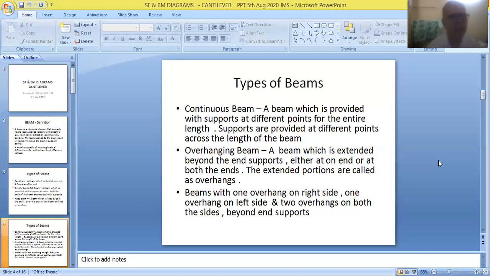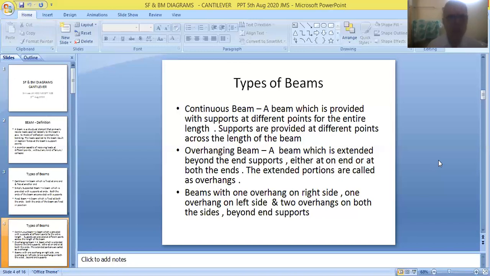So friends, this is about the types of beams. So we have to note down the definition of the beam, and we have different types of beams: cantilever, simply supported beam, fixed beam, continuous beam, overhanging beam, types of overhanging beams.